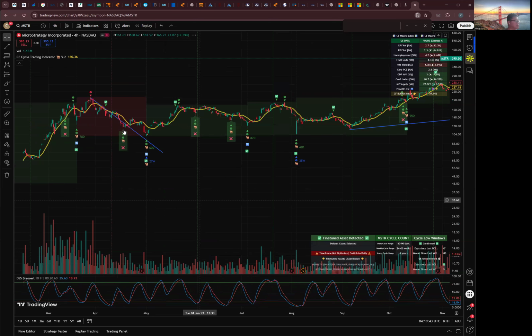So you see I'm here. I entered here with 1/3 of my position, and then I entered here as well. And that would actually give me a slightly better entry point than otherwise.